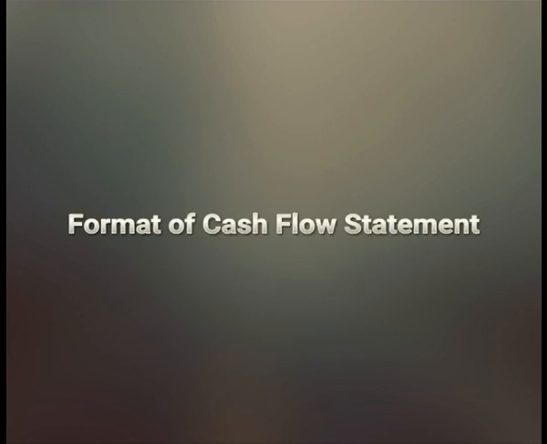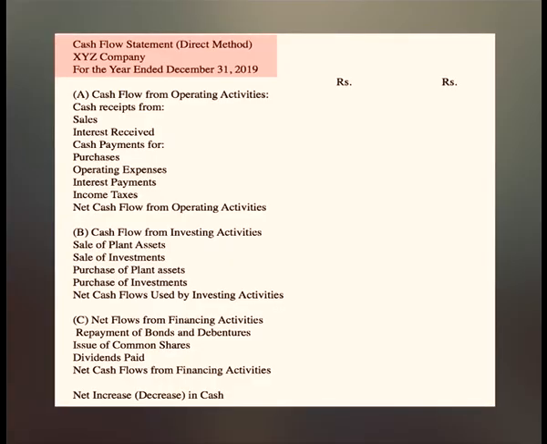Now, we will have a look at the format of cash flow statement. This is the cash flow statement as per the direct method for a company XYZ for the year ending 31st December 2019. First of all, we will have cash flow from operating activities.